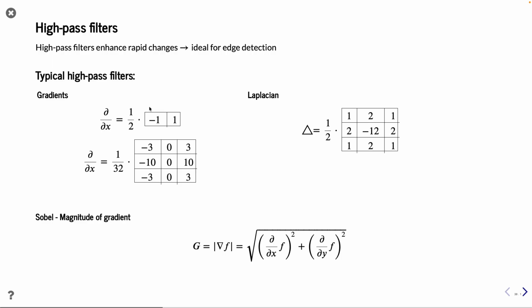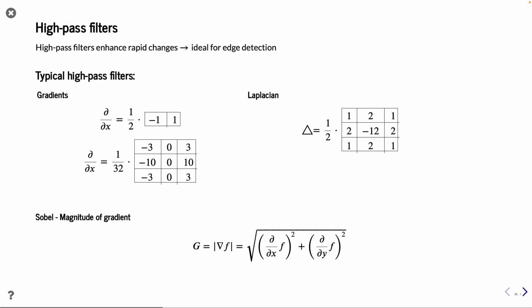It's a bit difficult to bring that as kernels. But in principle, the Sobel or magnitude of gradient is 2 times one of these two. And you can also see there are different types of how the gradient is defined, depending on what you want to do.